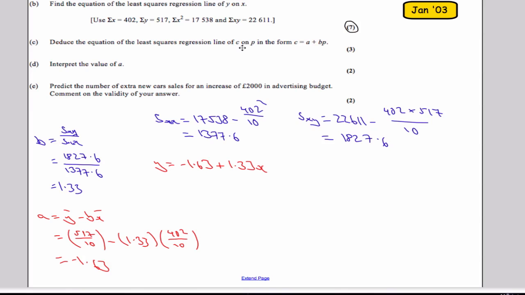We got y on x, that's our 7 marks there. The next part is to get c on p. Now I'm going to pause the video very quickly and use the calculator to check if I did this correctly.